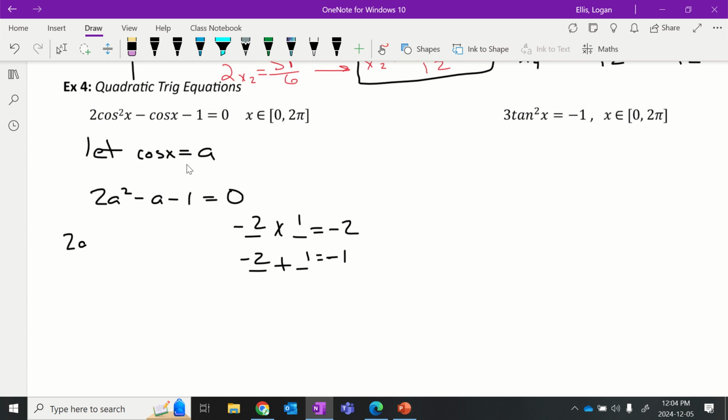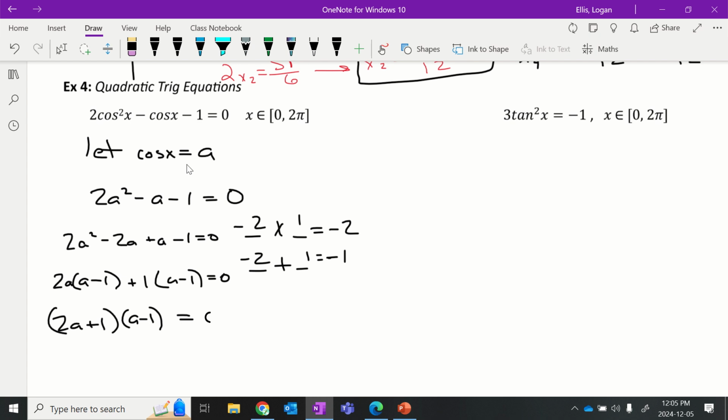So I'm going to get 2a squared minus 2a plus a minus 1 equals 0. Factor by grouping, you're going to get 2a times a minus 1, plus 1 times a minus 1. And you get 2a plus 1 times a minus 1 equals 0.